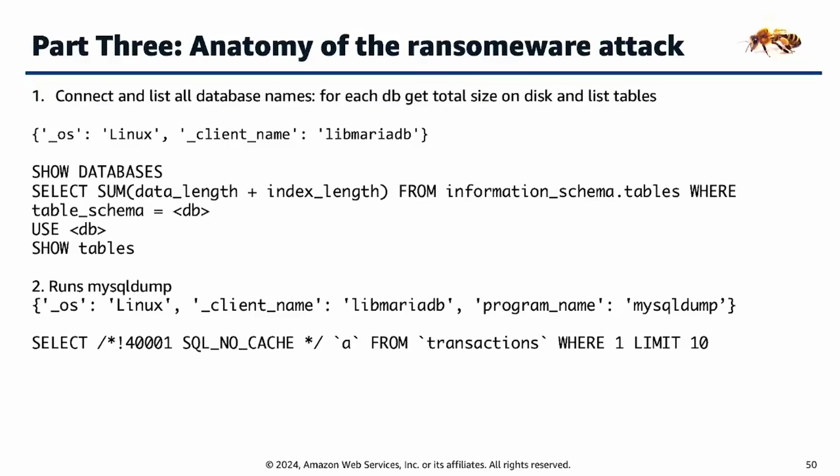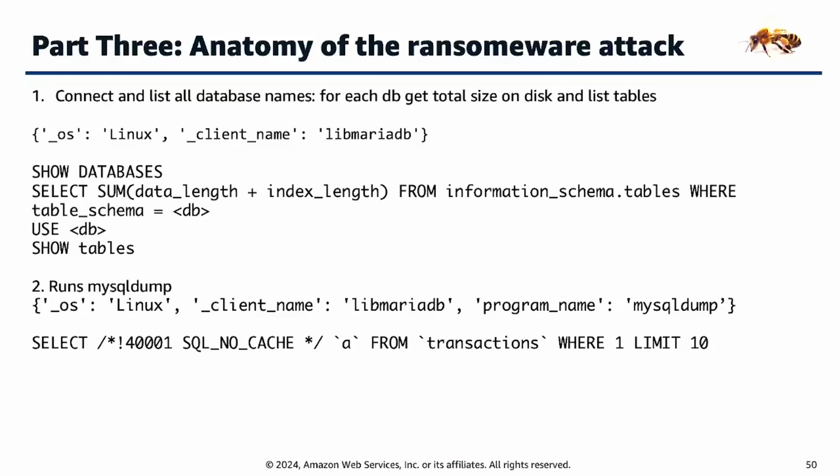Now, we started by analyzing what they are doing. We control the server. That means that we see all of those queries that they run. So we can see what they're doing.